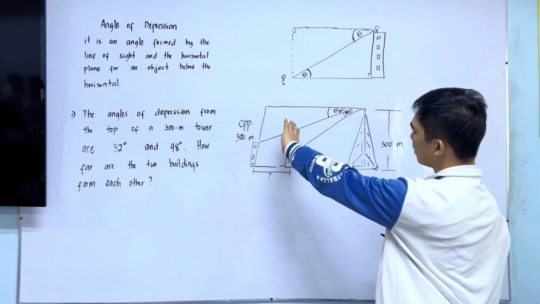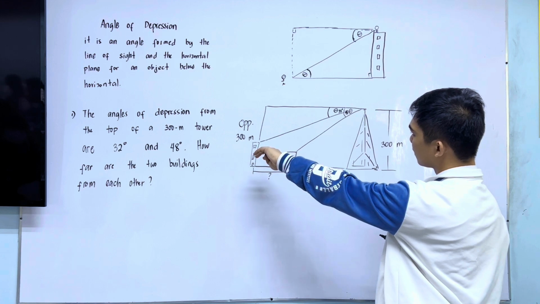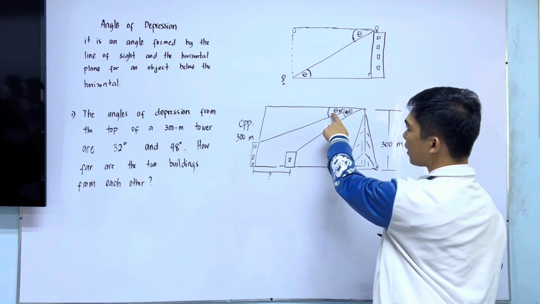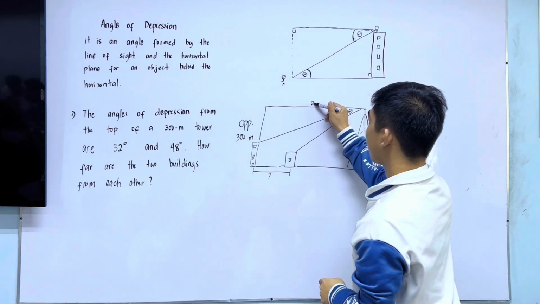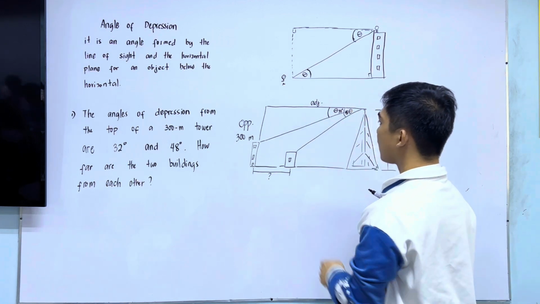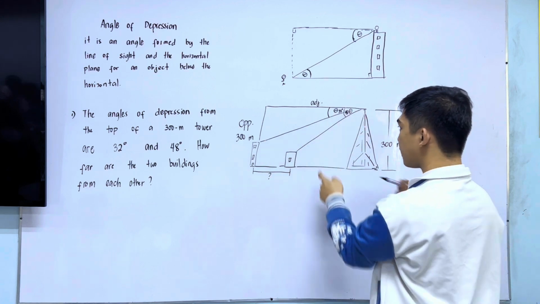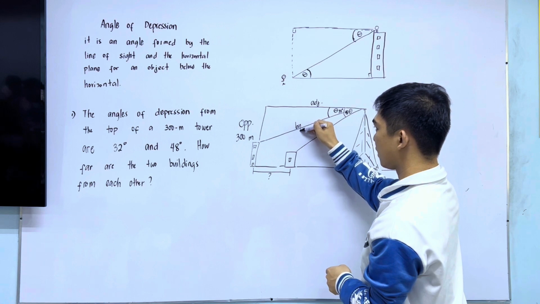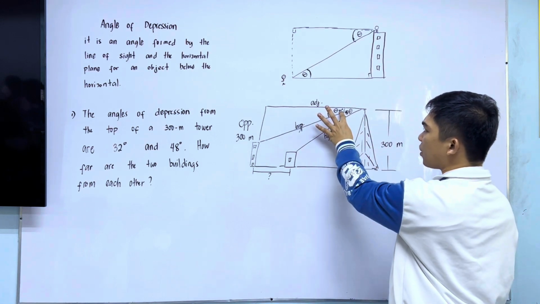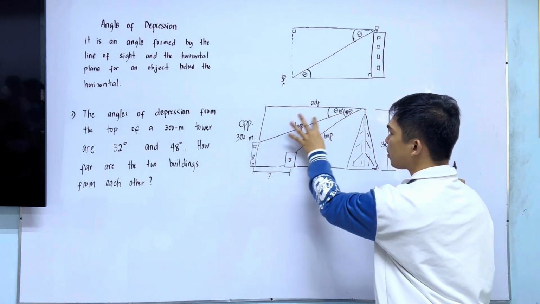Tapos, adjacent. Ito yung theta, opposite. Ito si adjacent. Tapos itong line na to ay si hypotenuse. O, kunin muna natin ito munang 32 degrees.